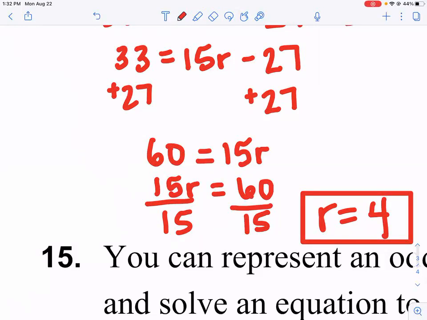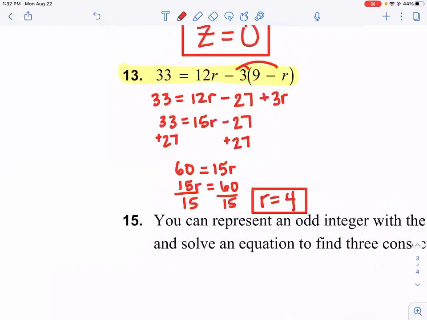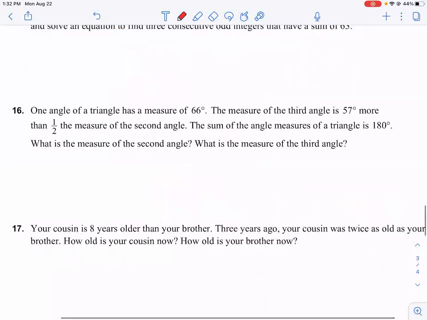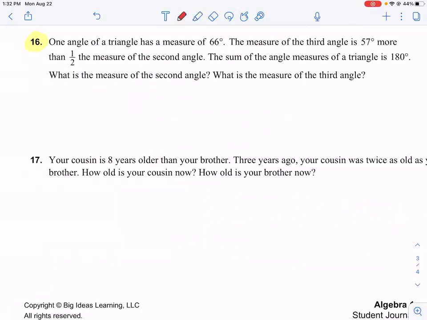Oof, okay. I feel like we better do one word problem. Please read through number 16. Read through number 16.